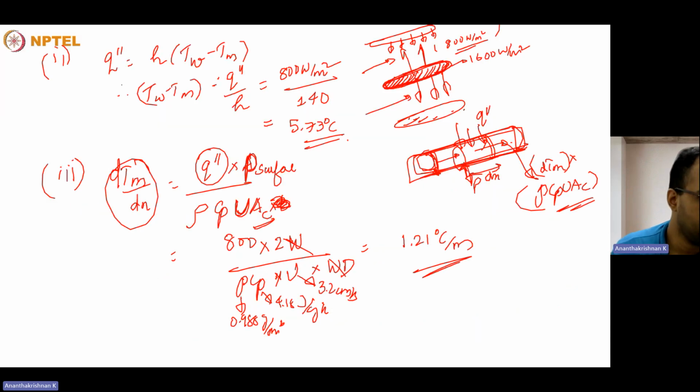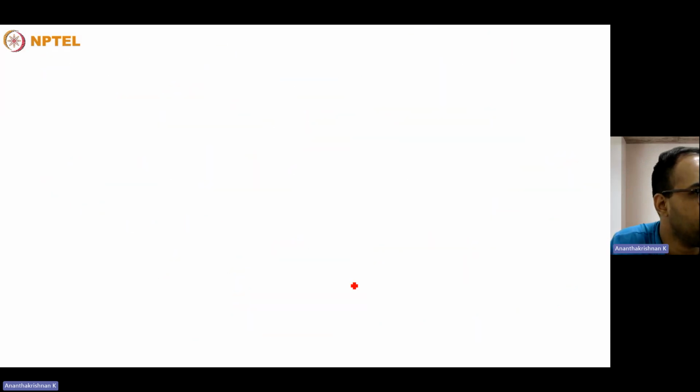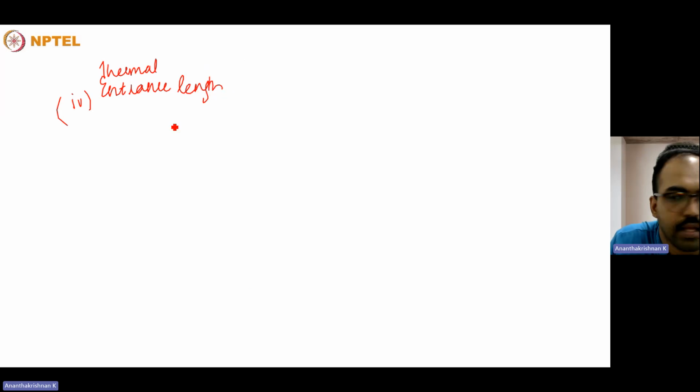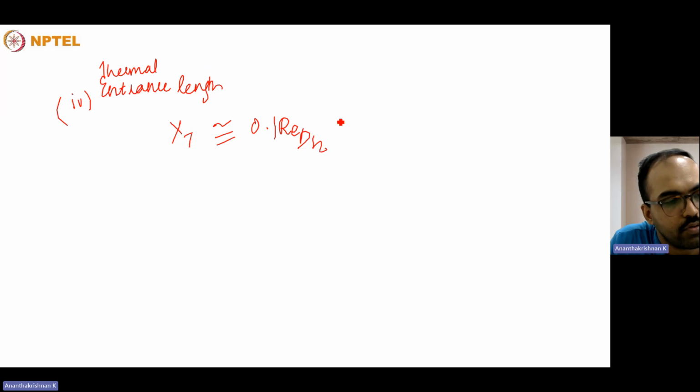So for that, we use the equation that we formulated in the previous week: the thermal entrance length XT is of the order of 0.1 into Reynolds number with respect to hydraulic diameter, Prandtl number, and the hydraulic diameter.